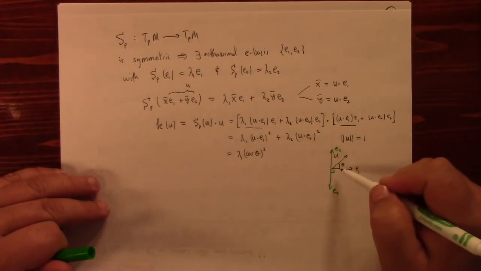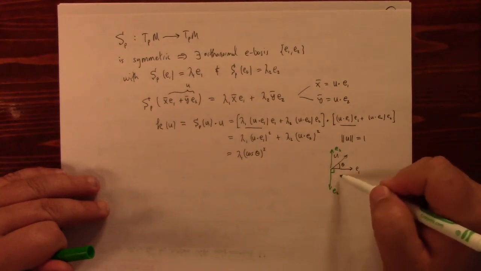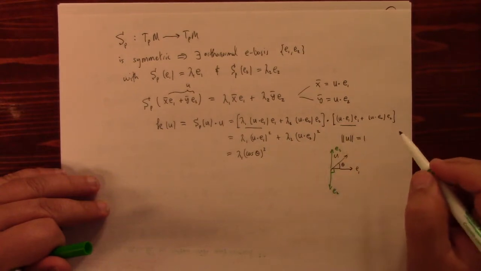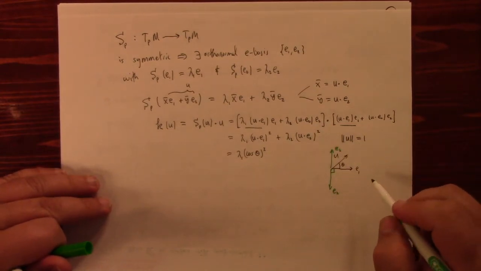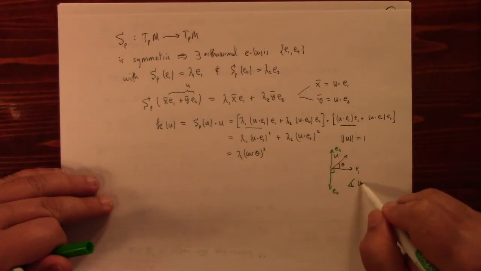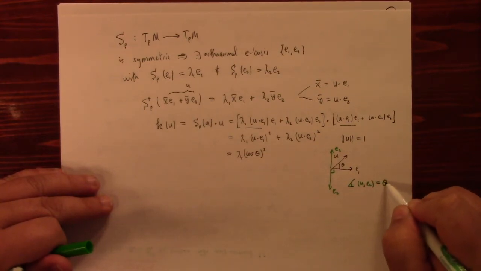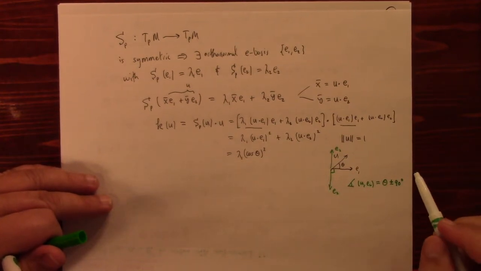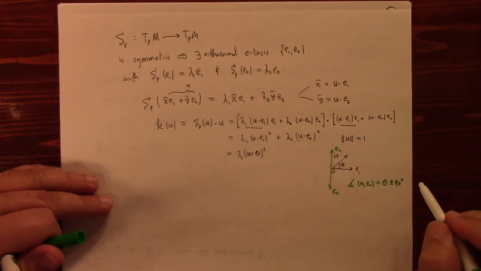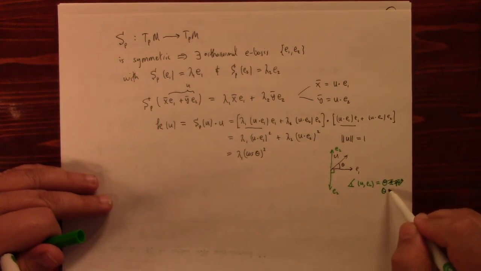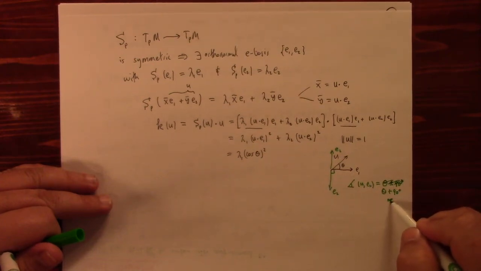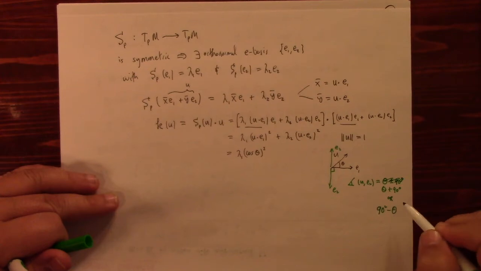Well, if the angle between u and E2 is theta, it's either theta plus or minus 90, right? Is that right? That's not quite right. It could be theta plus 90, or if it's down there, it's 90 degrees minus theta, right?